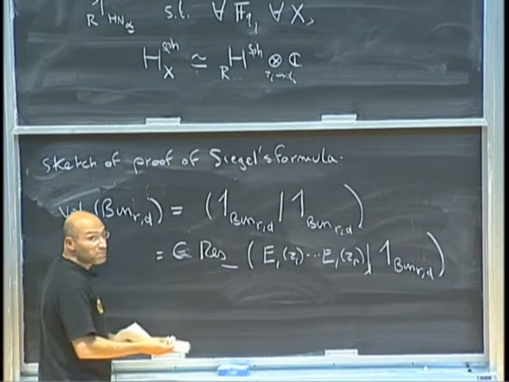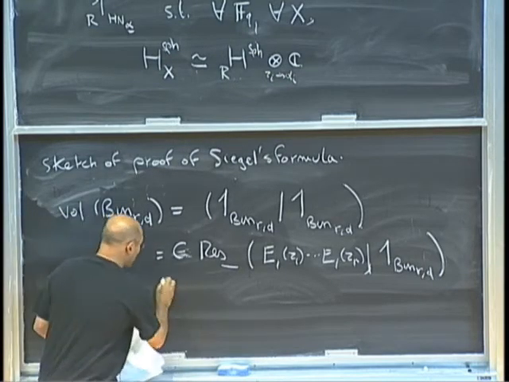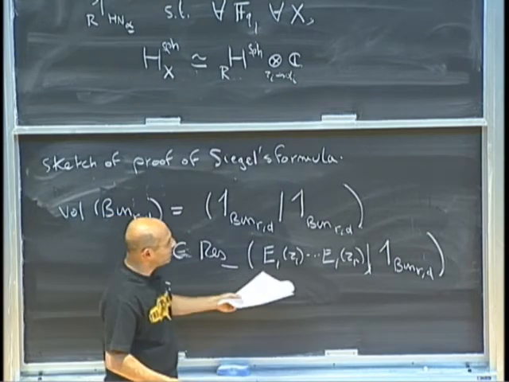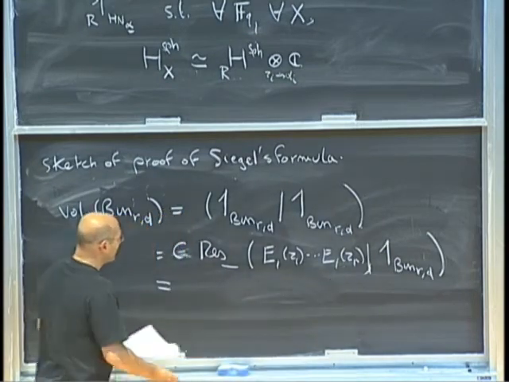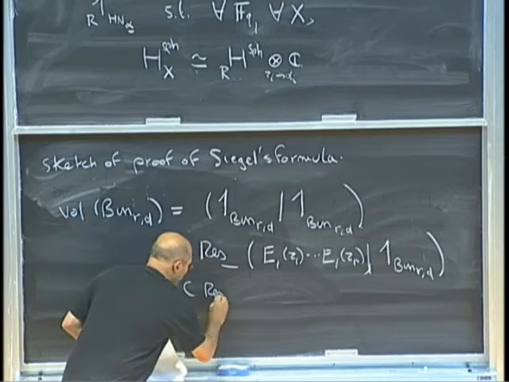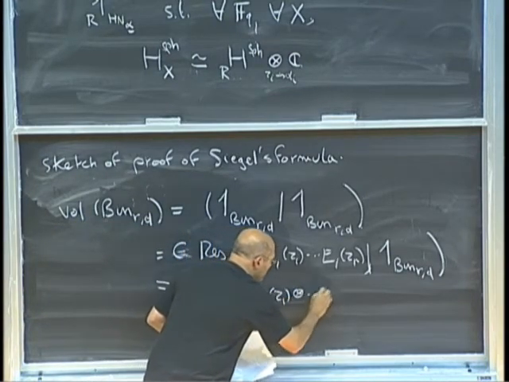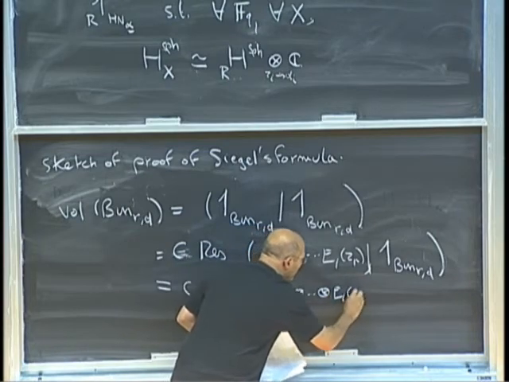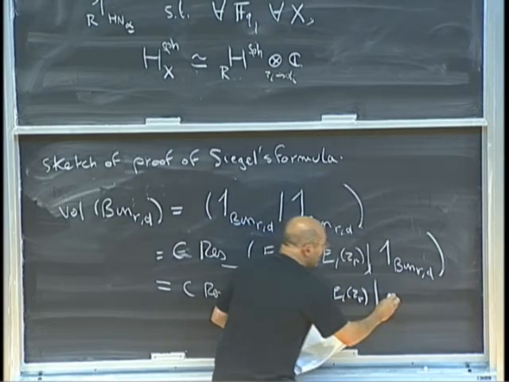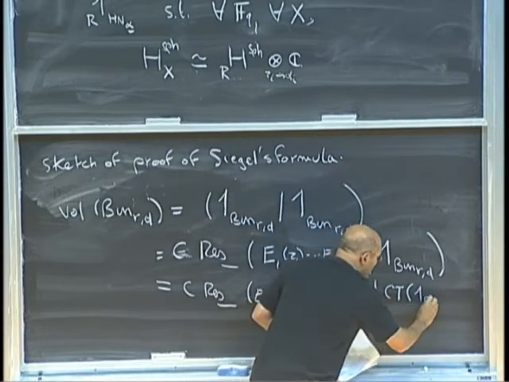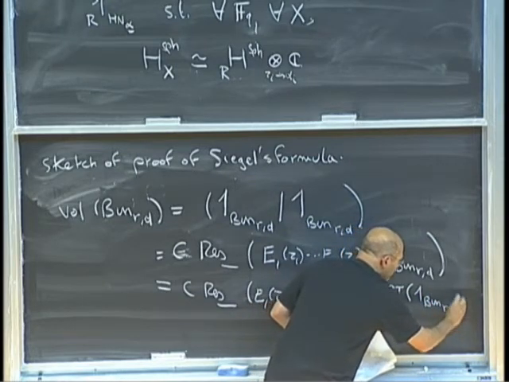And now we use the Hopf pairing. The Hopf property of this pairing, the adjointness, if you want, between induction and restriction. And this is C times the residue, E(1, Z_1) tensor E(1, Z_R) against the constant term of 1_{Bun_{R,D}}.